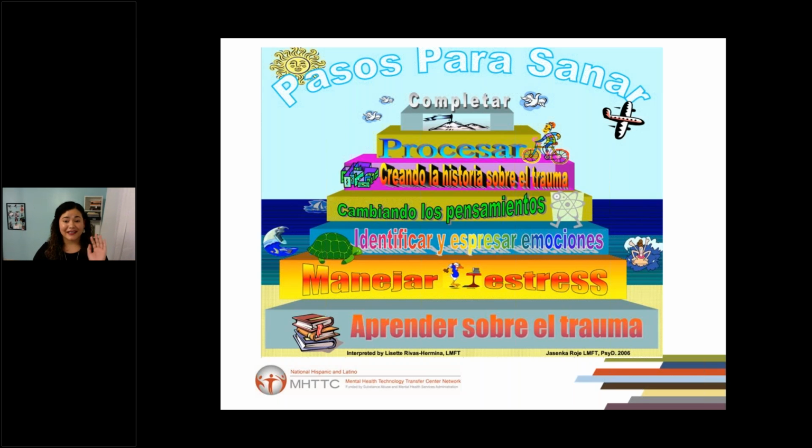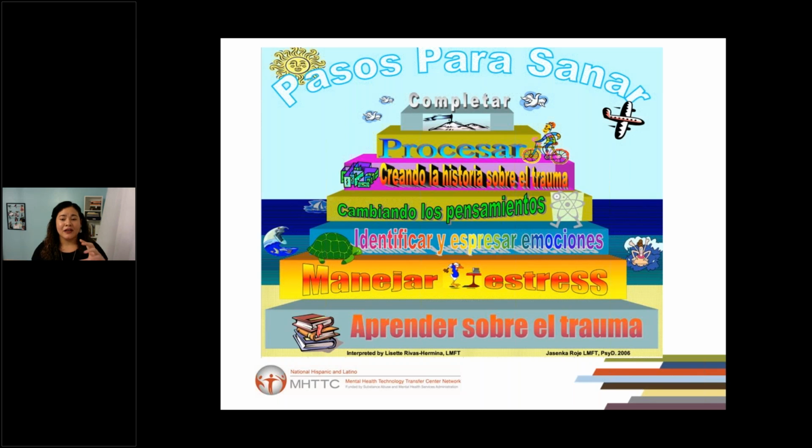So here are the different components of the TF-CBT. I have this in Spanish because I know there's a lot of therapists here that speak Spanish and need a lot of instruments and resources in Spanish. So this is something that you can copy paste or take a screenshot and use through the therapy process.